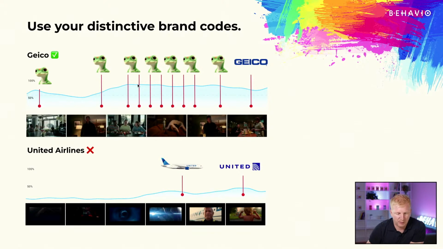So it's really great compared to the United Airlines commercial, where they only introduce the brand in the second half, and still it's less than 40% of people. Yes, it's because the logo is really subtle there, and there is an even more subtle cue a little bit before with the plane in the background. So that's really not enough, even for a big brand like United Airlines.